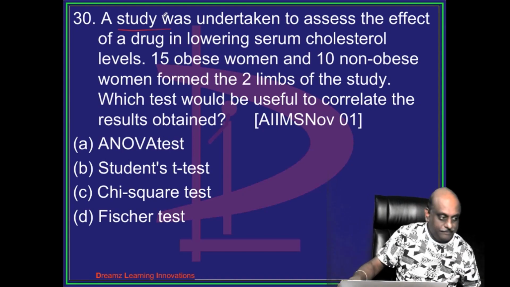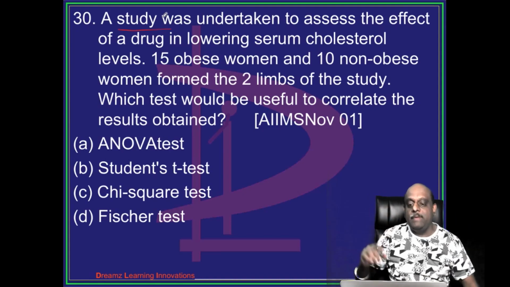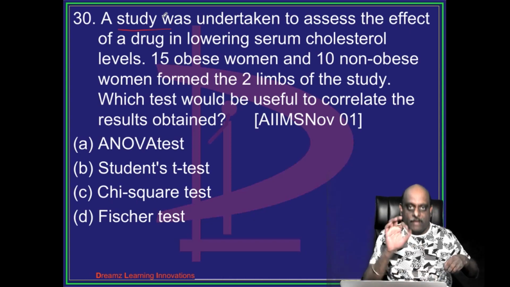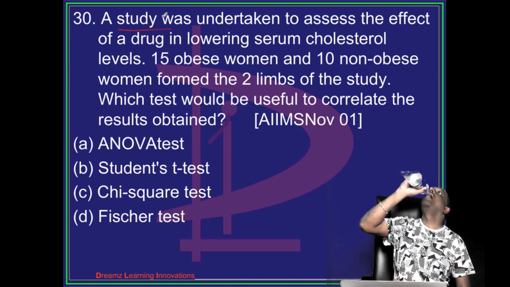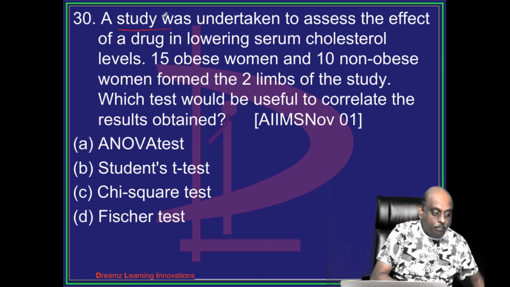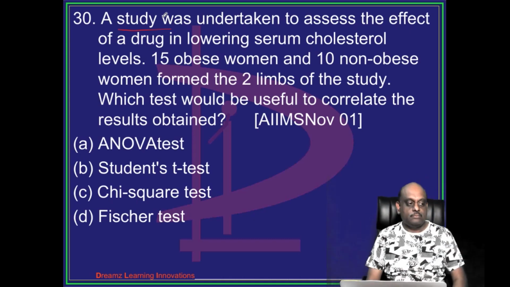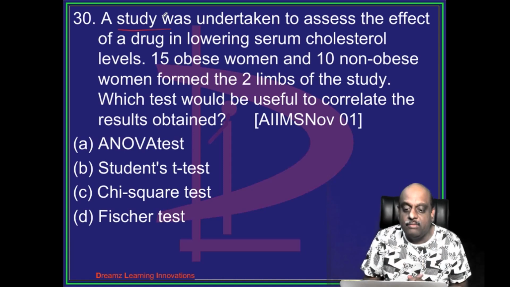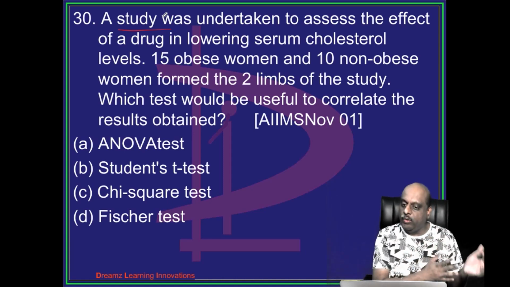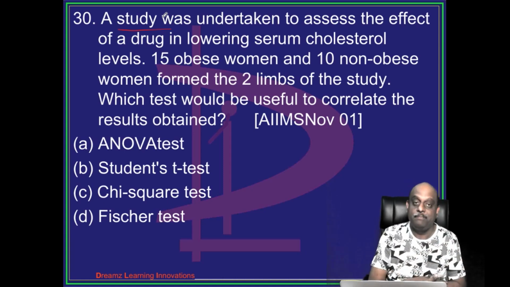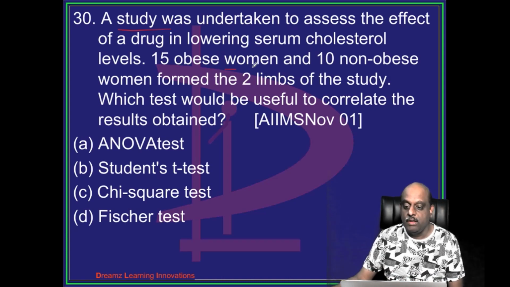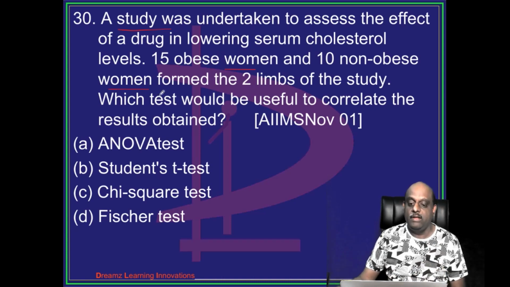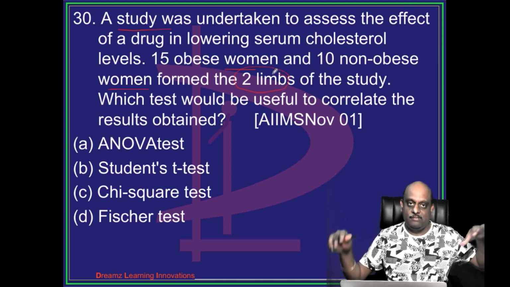So now doctor, a study has been undertaken to know the effect of, keep punching the answers. A study was undertaken to know the effect of a drug in lowering the serum cholesterol levels. 15 obese women, 10 non-obese women, they formed 2 limbs of the study.